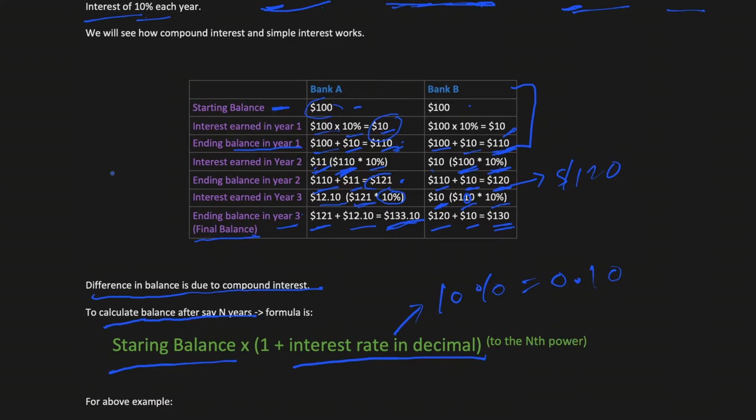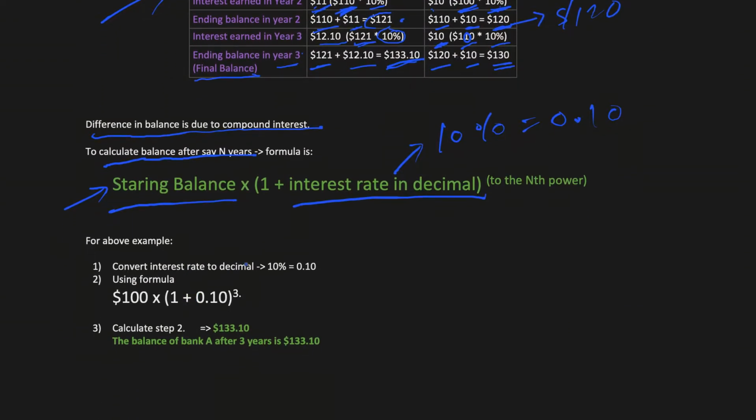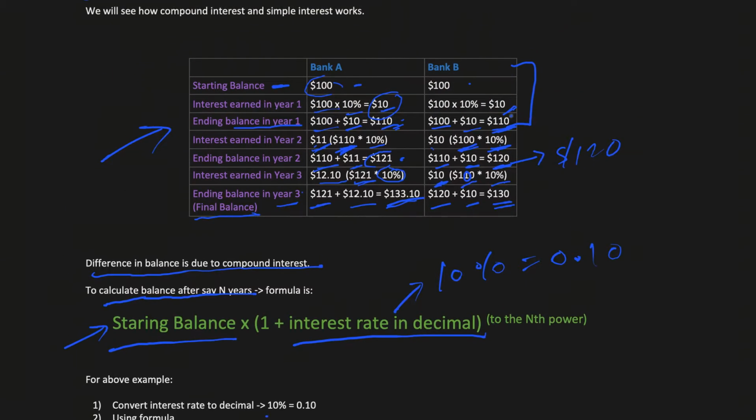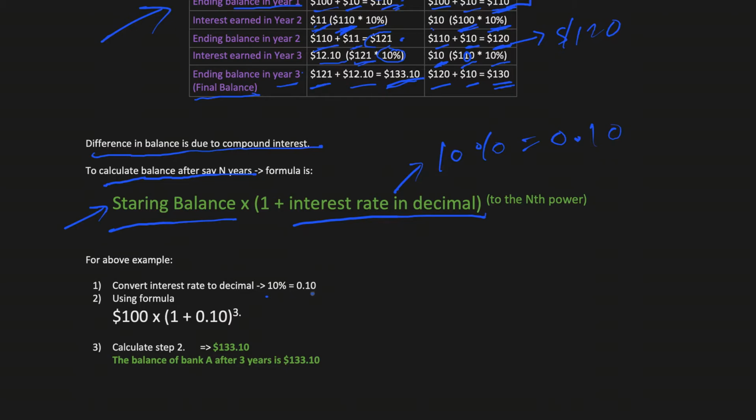If we go back to this same example and want to solve it using this formula, all we have to do is follow these 3 easy steps. First, we have to convert the interest rate to decimal. We know our interest rate was 10%, so in decimal it would be 0.10. And using the formula, we just have to substitute all the values.